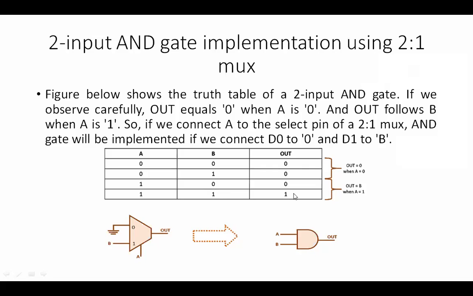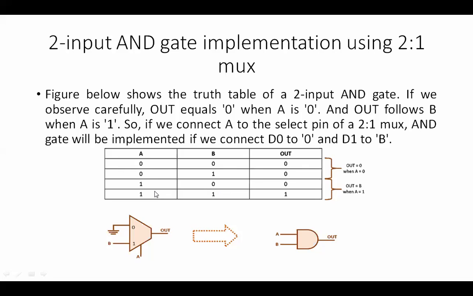Now we should think of the next level. We should think how I can relate these numbers to A and B. If you carefully see, the output is equal to 0 when A is equal to 0. Yes or no? And the output is the same as B when A is equal to 1, right?